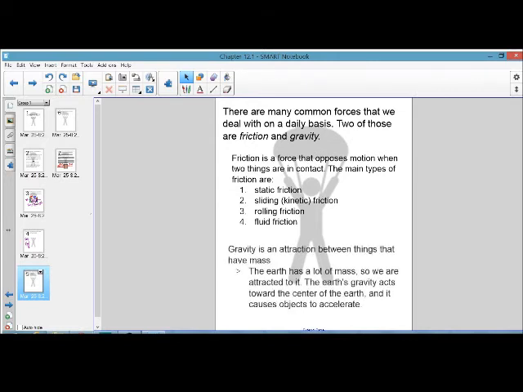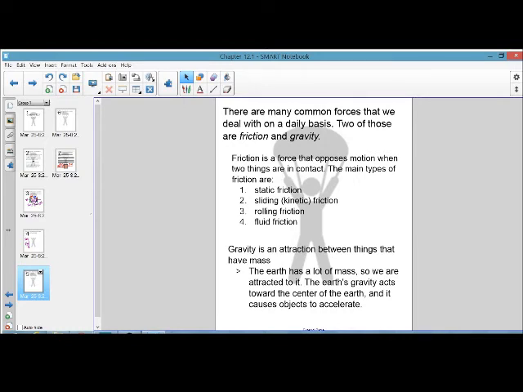Gravity is an attraction between two or more things that have mass. So we tend to think of gravity as the attraction of objects to the surface of the Earth. But it turns out the Earth is also gravitationally attracted to all objects on Earth because it is a mutual attraction.